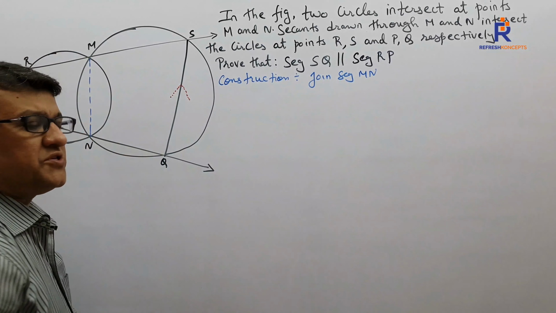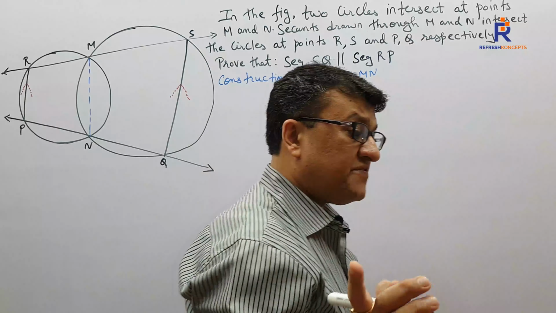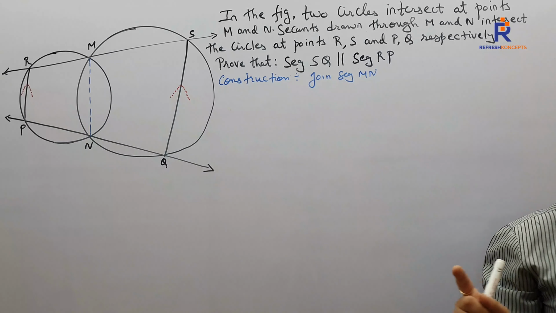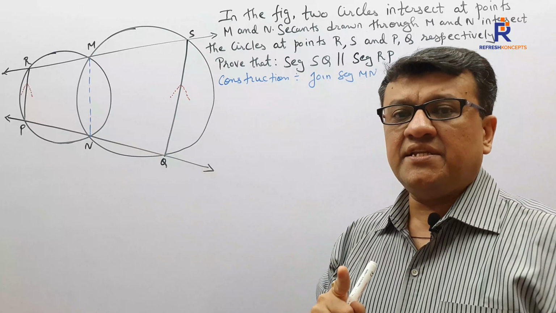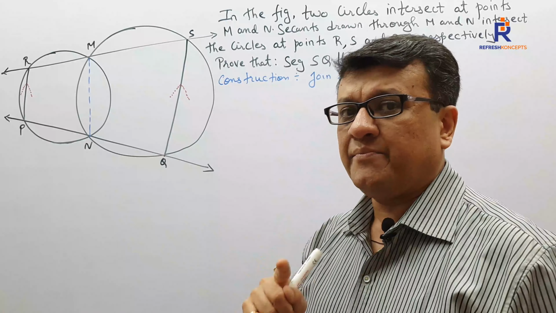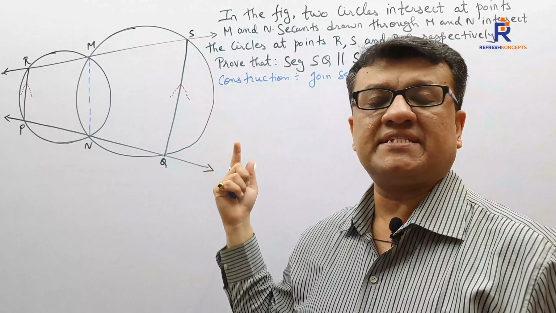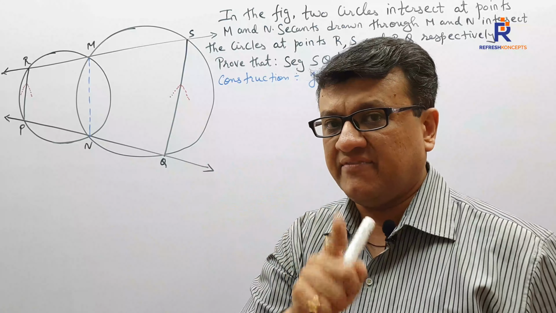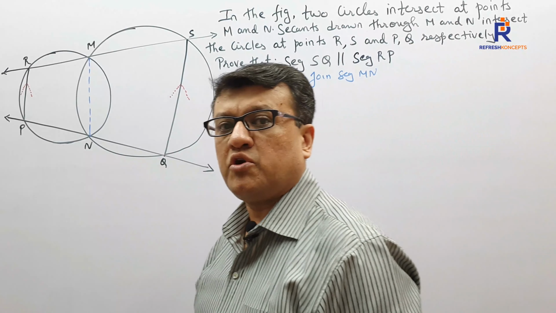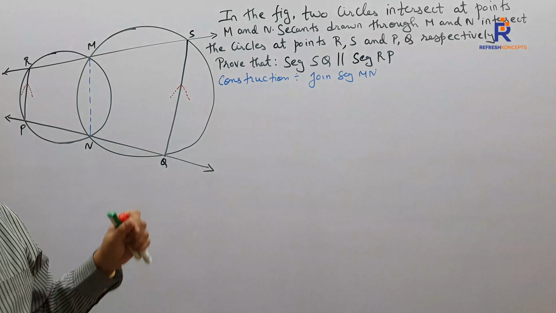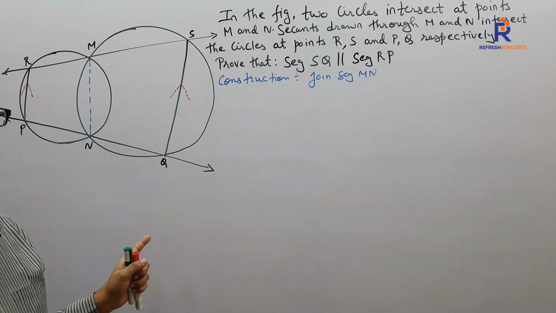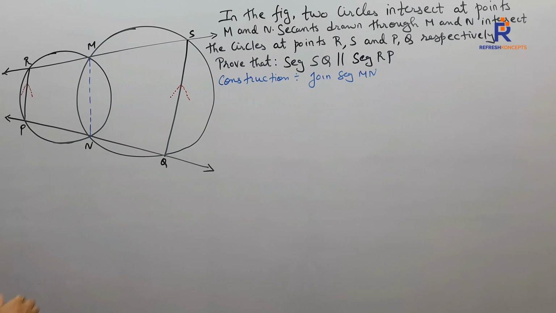Now children, before I proceed further, I have said this earlier also, and I shall say now also, that the given part is what you people have to write down. What I'm writing is to prove, and the proof part. If at all there is a construction, I shall write that also. But the given part is what you people have to write down. I'm not writing the given part anywhere. Let's start, but let's first start understanding skeletally. Right?